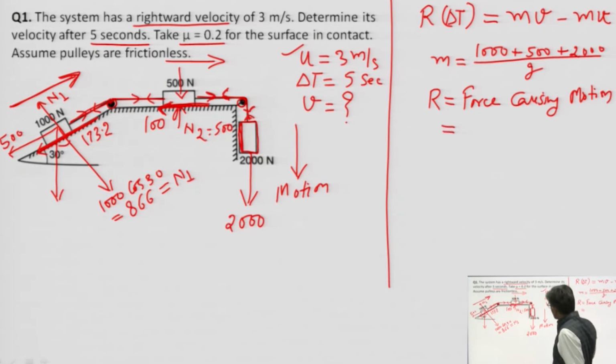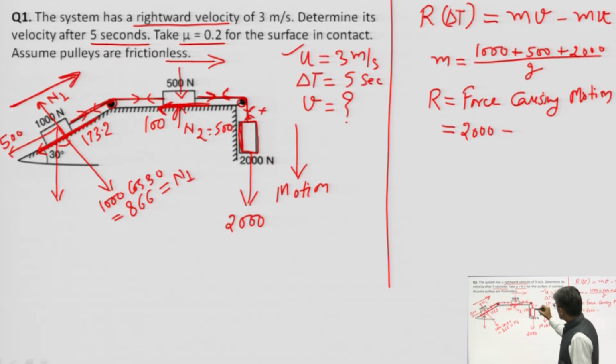Okay. So, start from here, because this is the main causing force. All other forces are opposing the motion. So, it is 2000 minus another force.